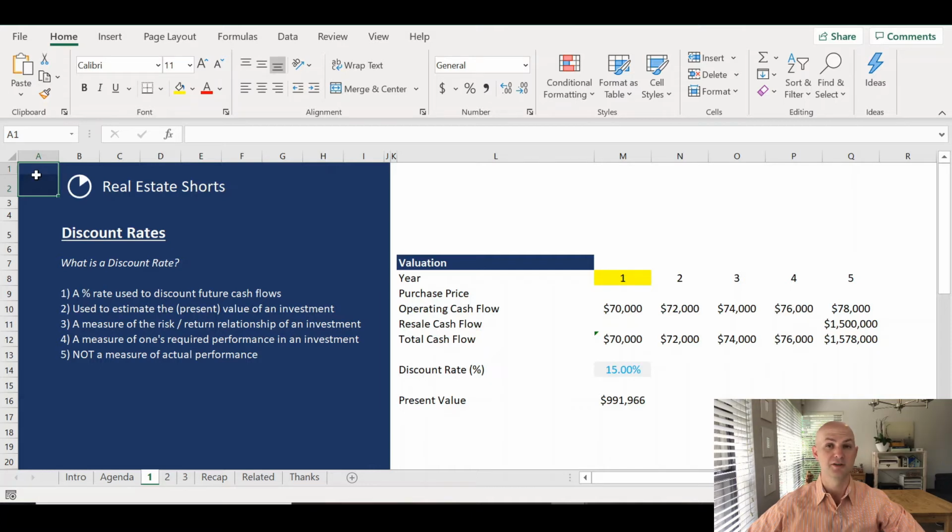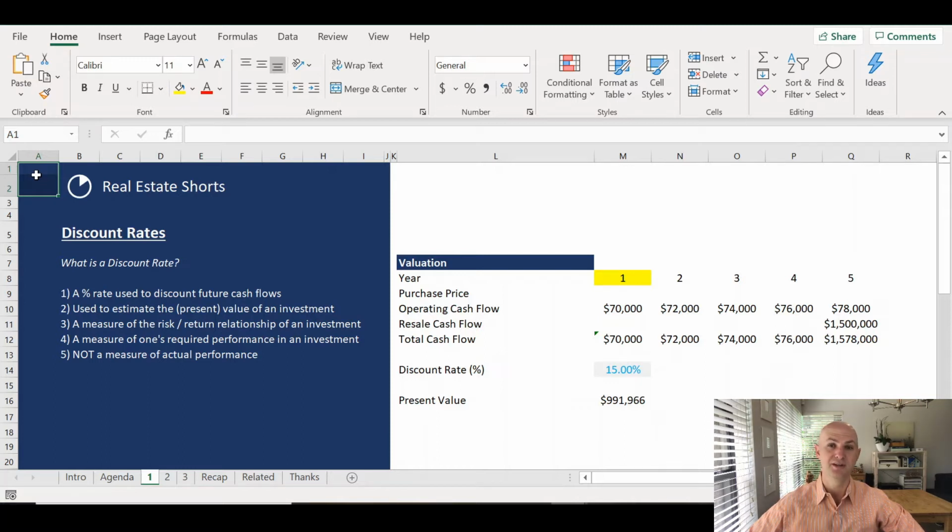I think the opposite is also true, where if you come into an opportunity and you say the tenancy is horrible, the market conditions are horrible, the property condition is horrible, then that implies a lot of risk. And if there's a lot of risk, you should be compensated appropriately for taking on that risk. So the more risk, the higher the required rate of return.